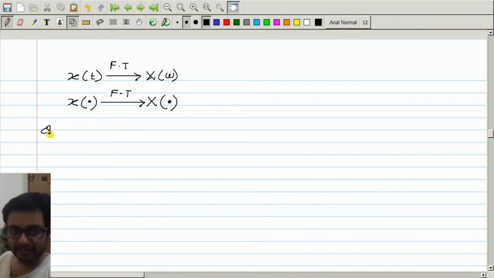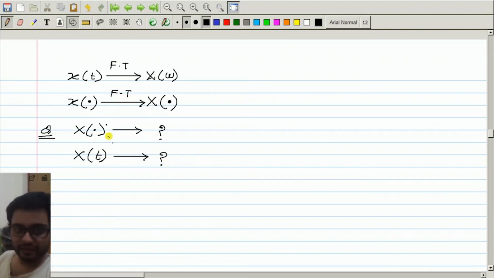Now I am asking, if you consider this capital X as a function, then what will be the Fourier transform of this capital X? Of course, to make this question more meaningful to you, I may ask, what is the Fourier transform of capital X of t?